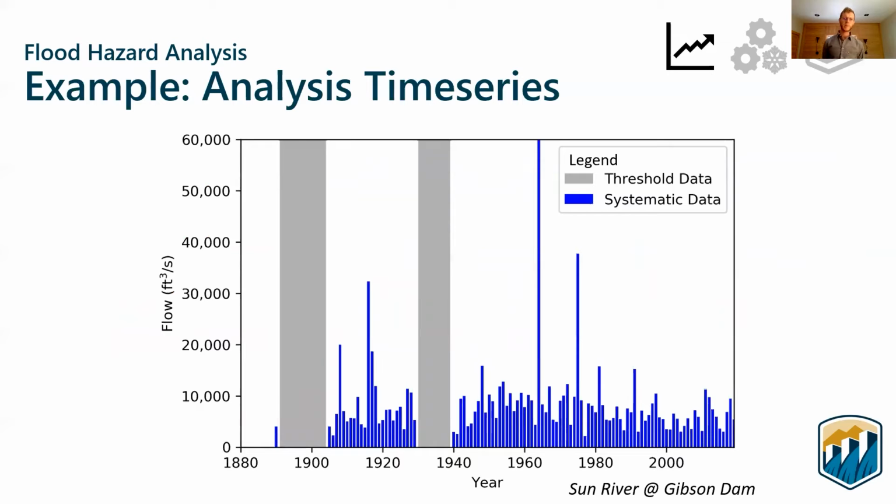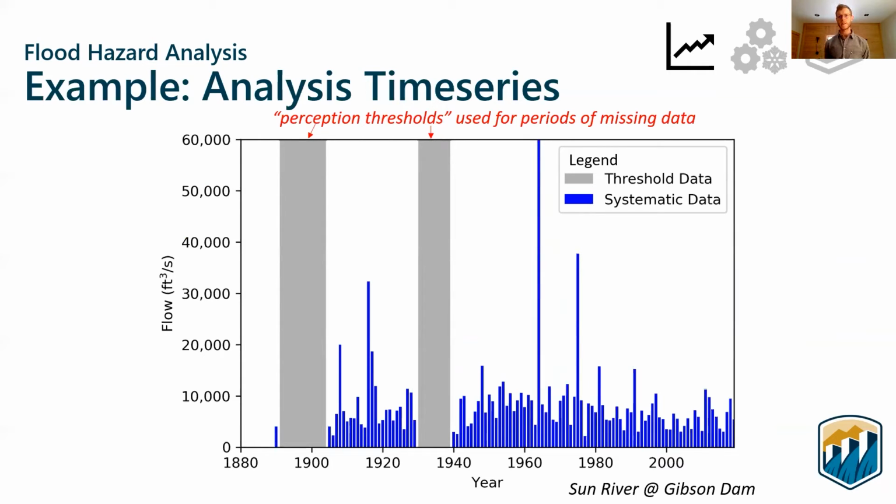Here we have some of the streamflow records for Gibson Dam in Montana. Each of these blue bars is an observed flood. These two grayed areas are places where we have missing data, and we have to make an assumption about the size of the floods that occurred in those years.